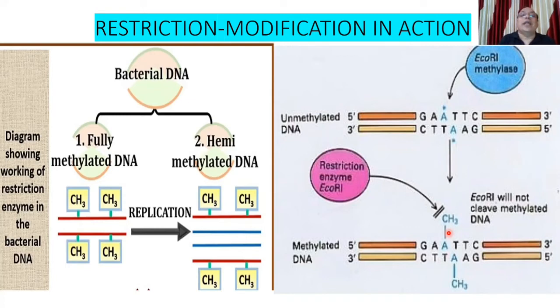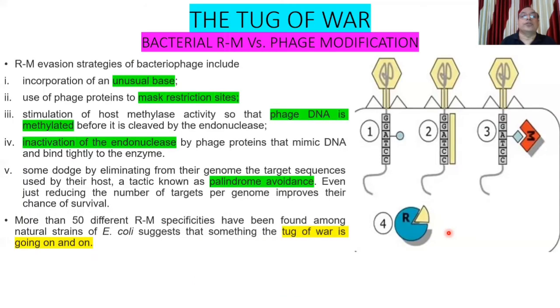In the alien DNA, that is the phage DNA, the recognition site does not have the methyl group attached to it, whereas in the bacterial DNA, a methyl group has been attached to the recognition site, which befools the restriction enzyme, and the restriction enzyme does not target that recognition site. Now, we have seen that by methylation, the bacterium targets its enzyme towards the virus, towards the bacteriophage.